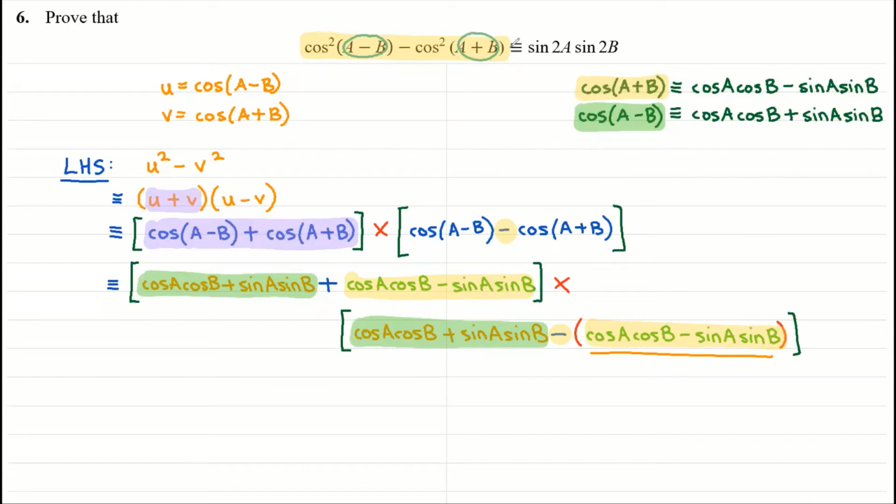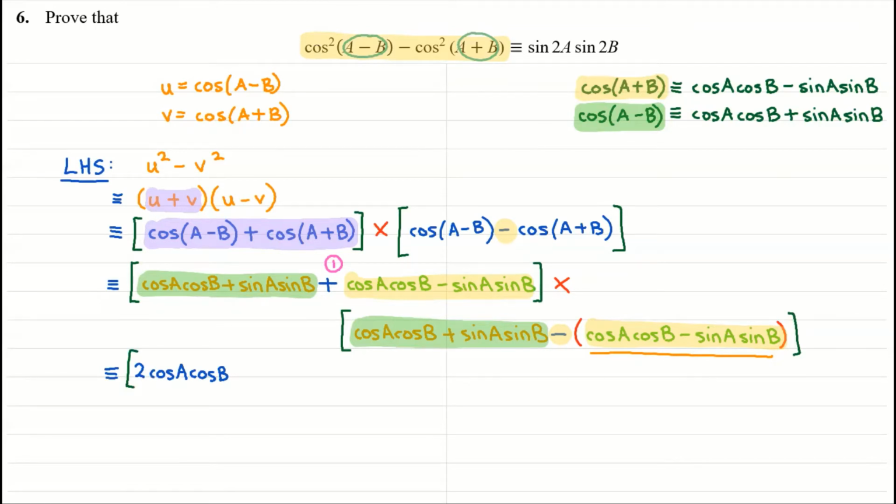Right. So if we look at the first bracket, we'll call this bracket 1, the first pair of green brackets, we double up on the cos A, cos B. So they're going to be added together. So I can write this as part of my next step. I'm going to have two lots of cos A, cos B from my first bracket, and I better just keep that big square bracket there.